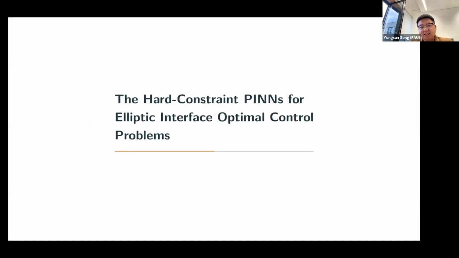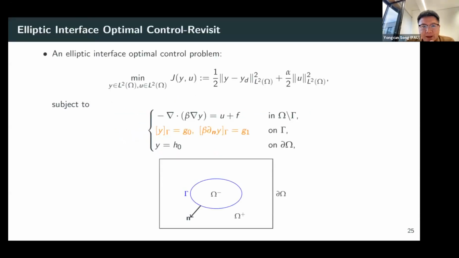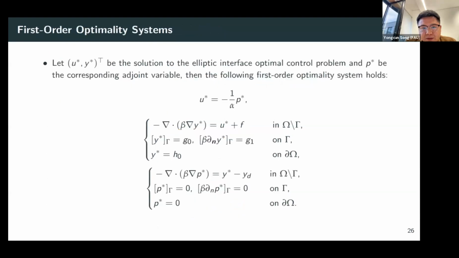And next, we talk about the hard constraint PINNs for elliptic interface optimal control problems. We first recall the elliptic interface optimal control problem, and the key point is the non-smoothness or discontinuity across the interface. We first derive the first order optimality system.